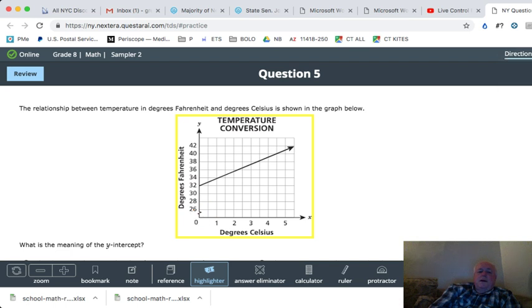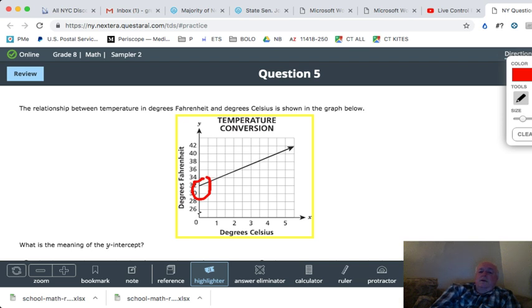Okay, so in any event, it goes from 26 to here. We notice that it starts at 32. It has a positive slope. We could actually compute the slope if we want. I don't know what the question is going to end up being. The question is actually, what's the meaning of the y-intercept? The y-intercept is where x is 0, so it's where the line intercepts the y-axis. So it's intercepting it at 32.